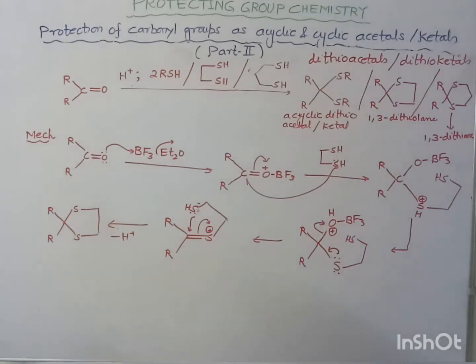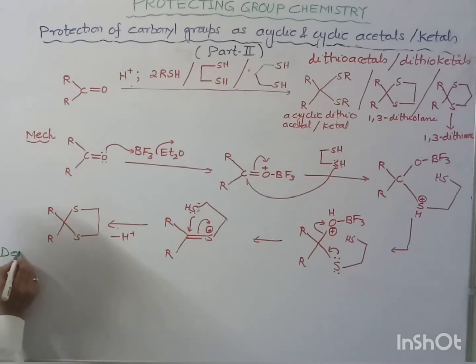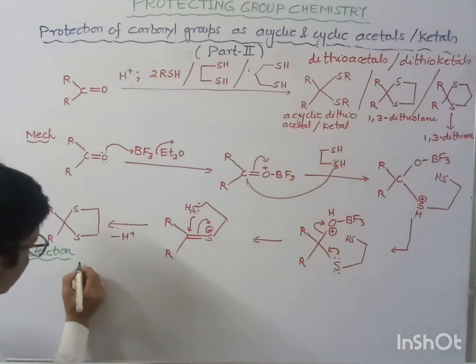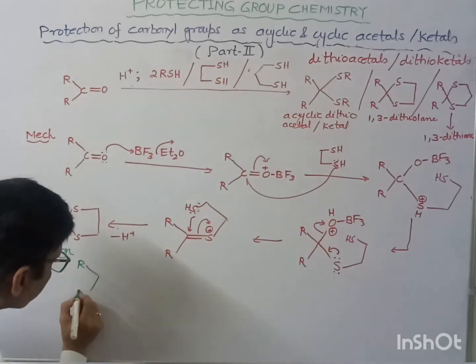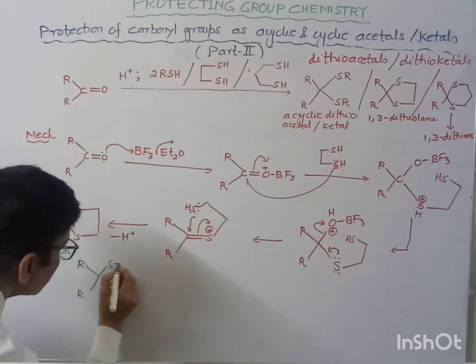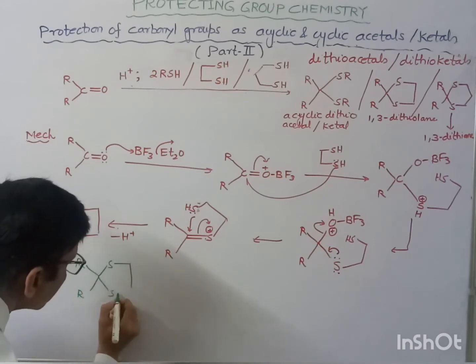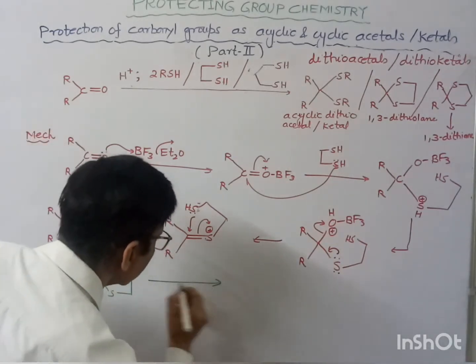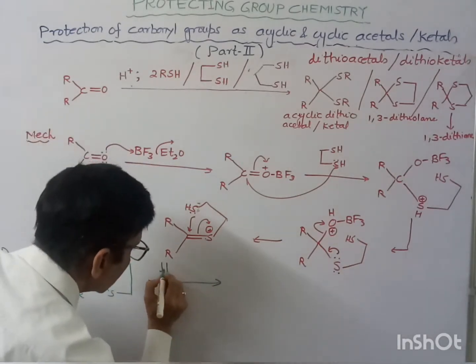So let's see the deprotection. Suppose we have a cyclic dithioacetal or ketal, and as I told you, it can be deprotected by any mercury salt.